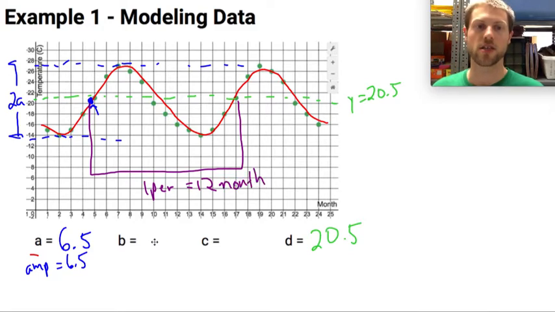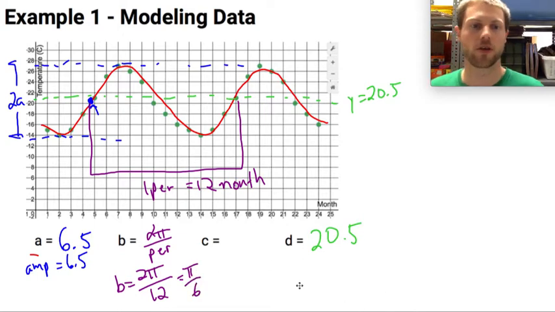So B is equal to 2 pi divided by my period. That's going to mean that B is going to equal 2 pi over 12, or pi over 6. So that's my B value.